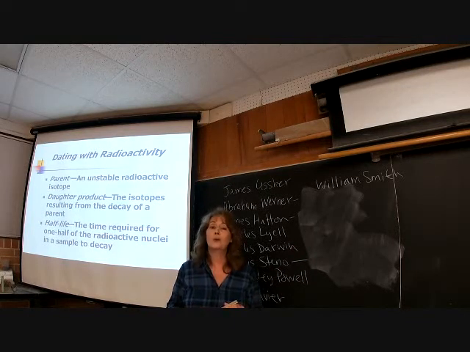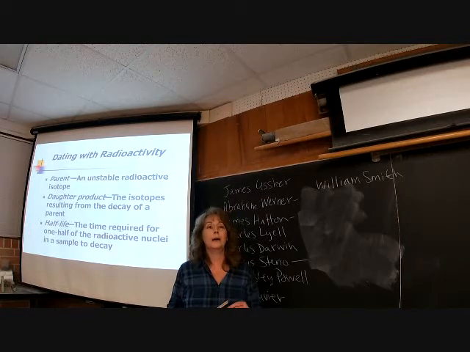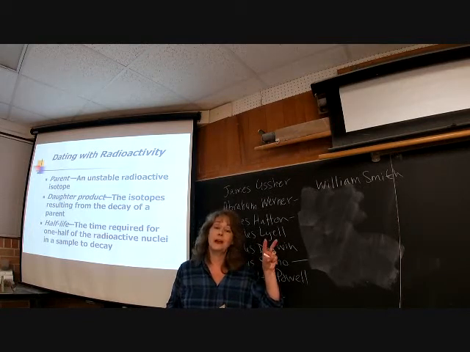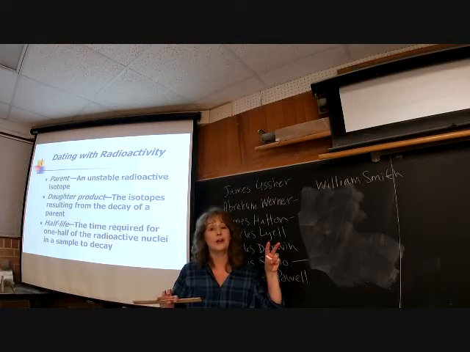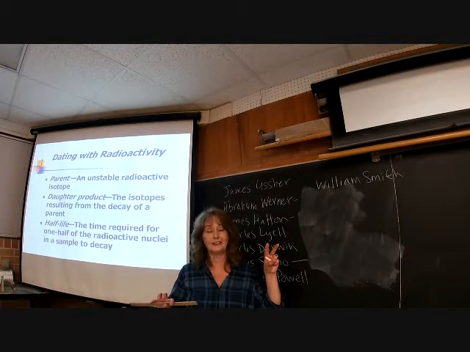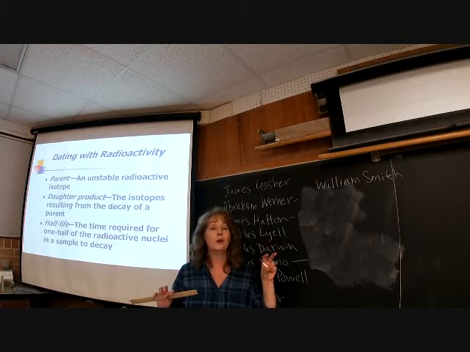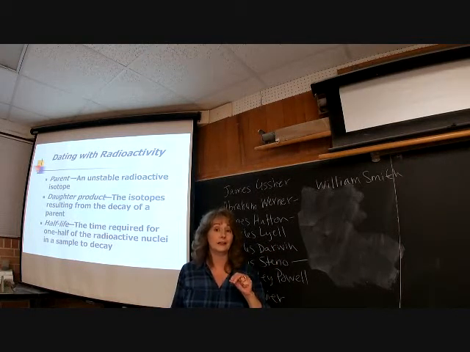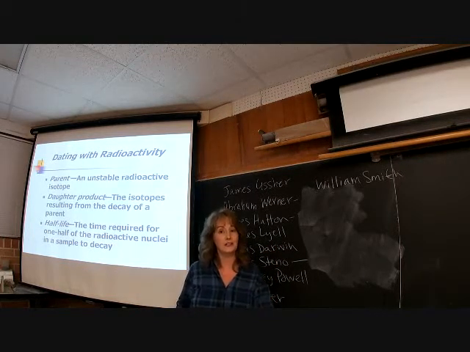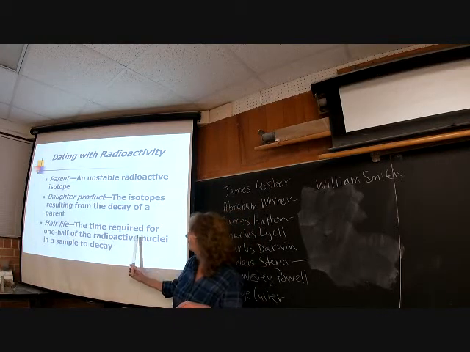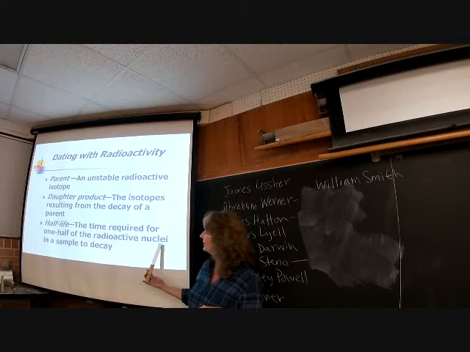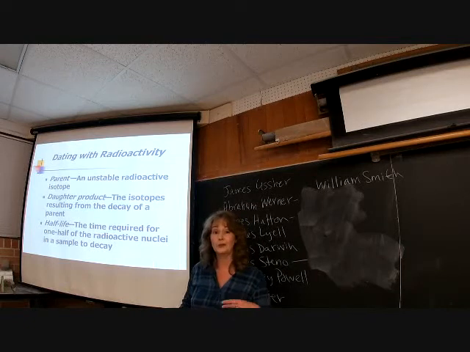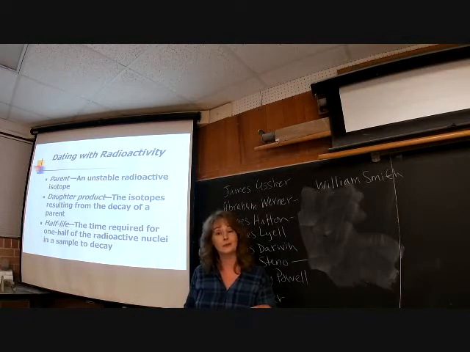So when you see a 50% parent radioactive isotope and 50% daughter stable product, 50-50, you know that one half-life has gone by. That's sort of the definition of a half-life. Time required for half of the radioactive nuclei to decay into the stable daughter.